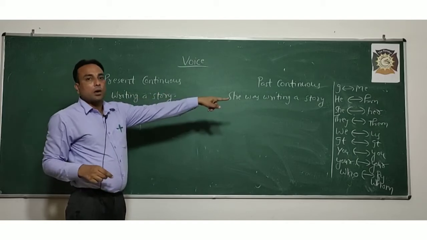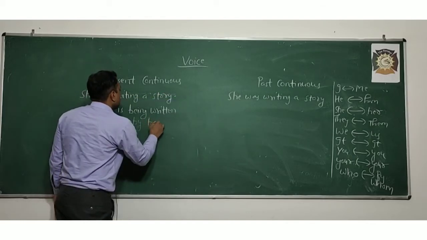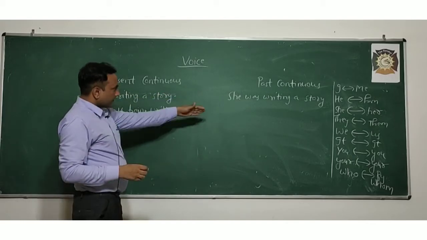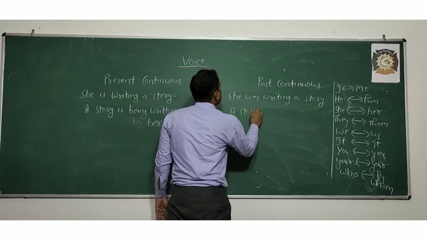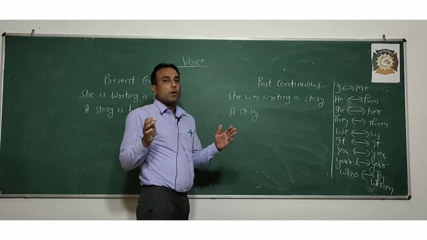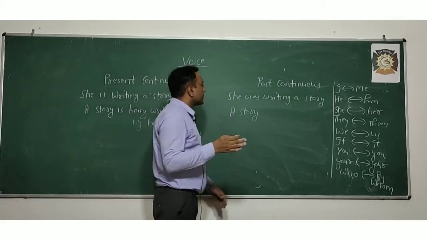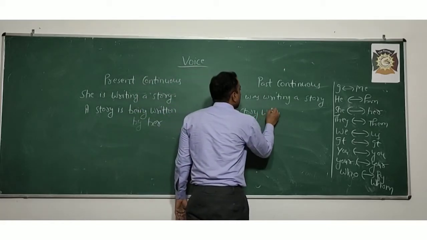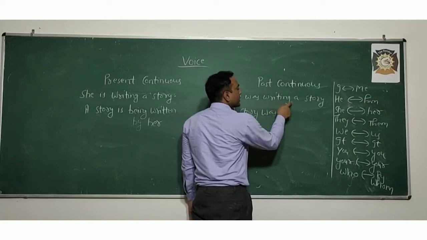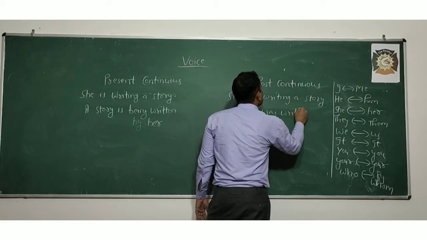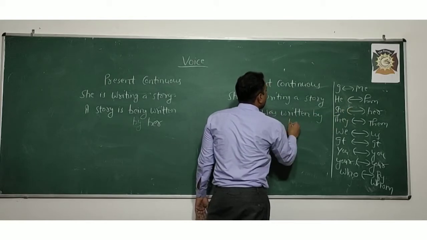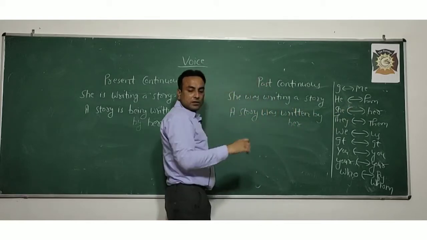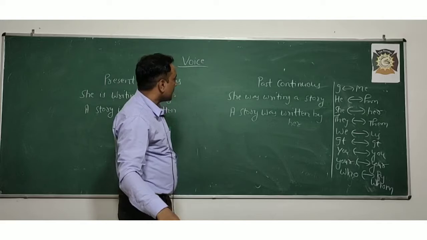In the same way you will change it: a story is singular. With singular we will use was, with plural we will use were. A story was, third form written, a story was written by, again she changes into her. A story was written by her.